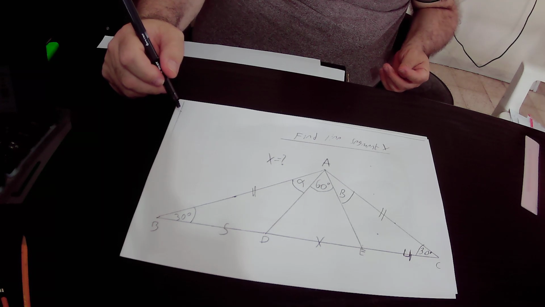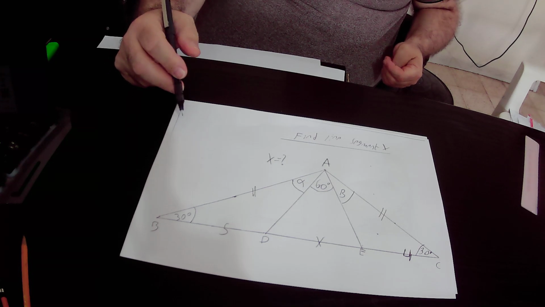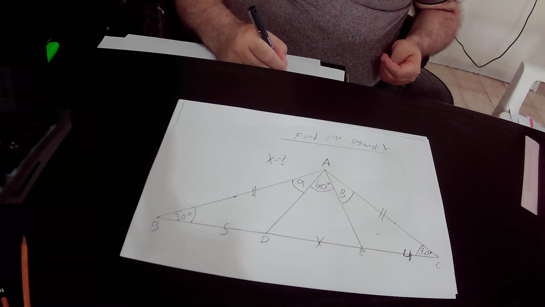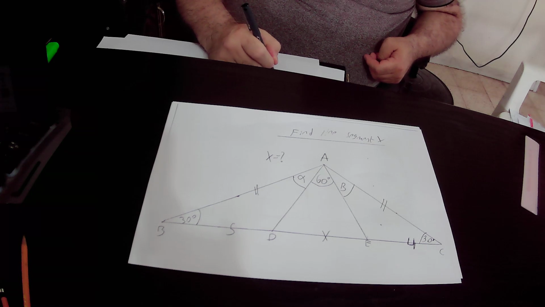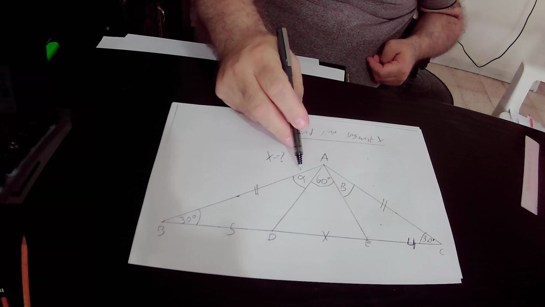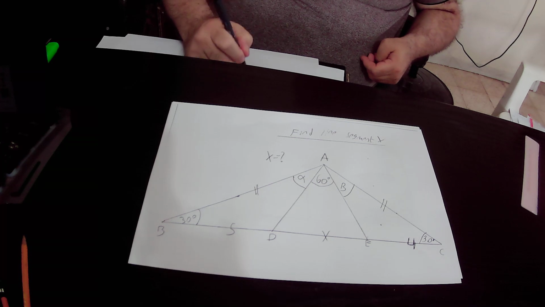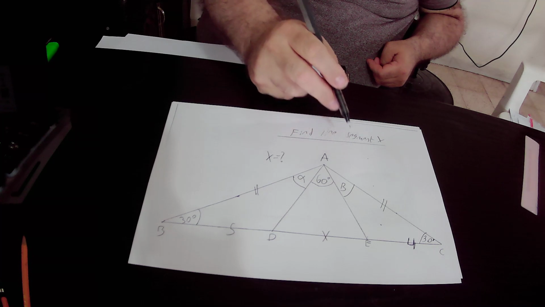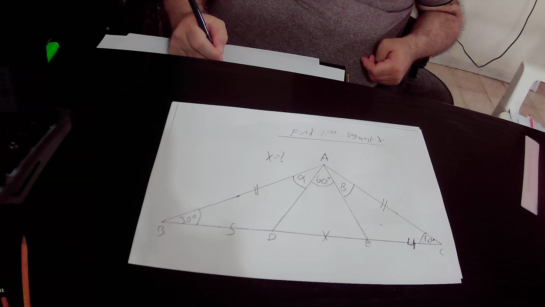The sum of the angles is equal to 180 degrees, so which angles do we have in triangle ABC? This angle equals 30 degrees, plus this angle that also equals 30 degrees, plus this angle that is equal to alpha, plus this angle that is equal to 60 degrees, plus this angle that is equal to beta. In total, the sum of those angles must be equal to 180 degrees.